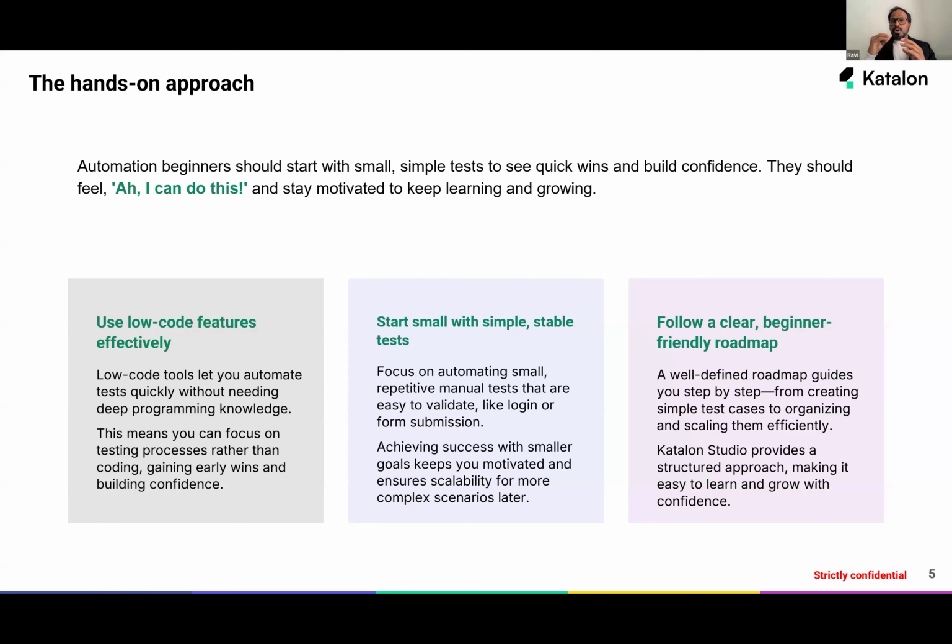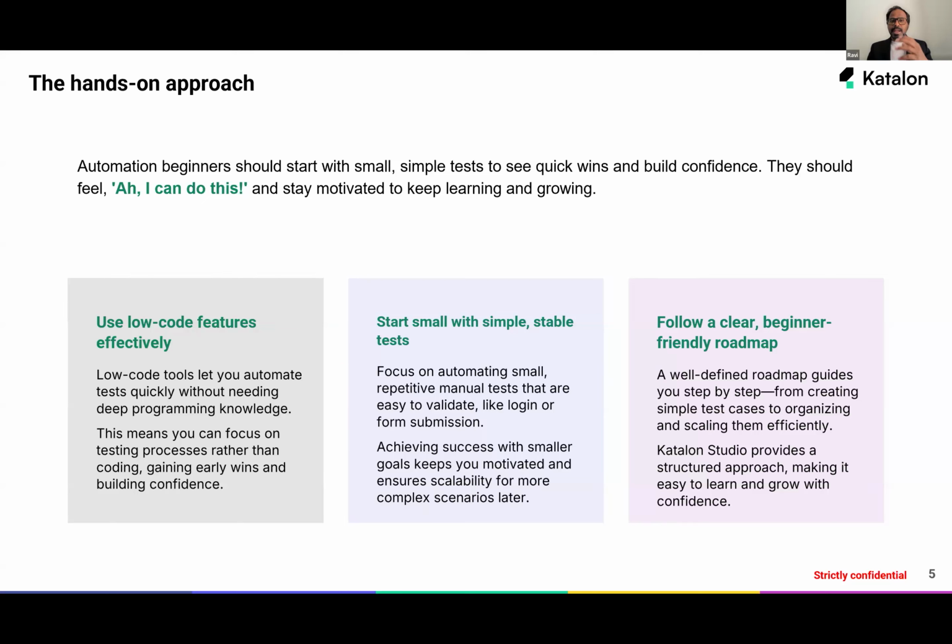So low-code platforms like Katalon Studio provide pre-built functionalities, reducing the need for extensive programming knowledge that we discussed in the earlier slide. And this simplifies the creation of test cases by offering built-in drag and drop interfaces, which includes built-in keywords such as click, set text, or verifying the element visible or not.